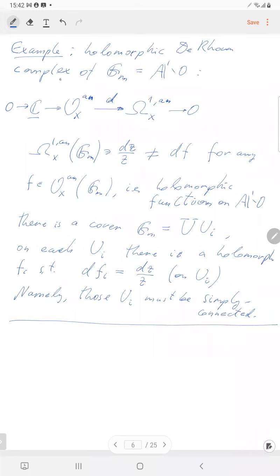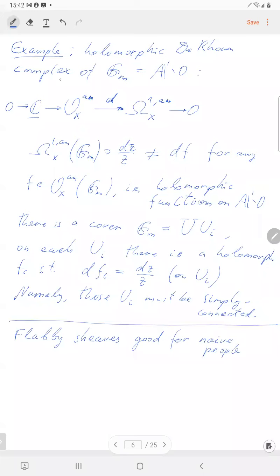So there are some sheaves that are good for naive people. They're called flabby sheaves. And what's the Russian word for this, by the way?